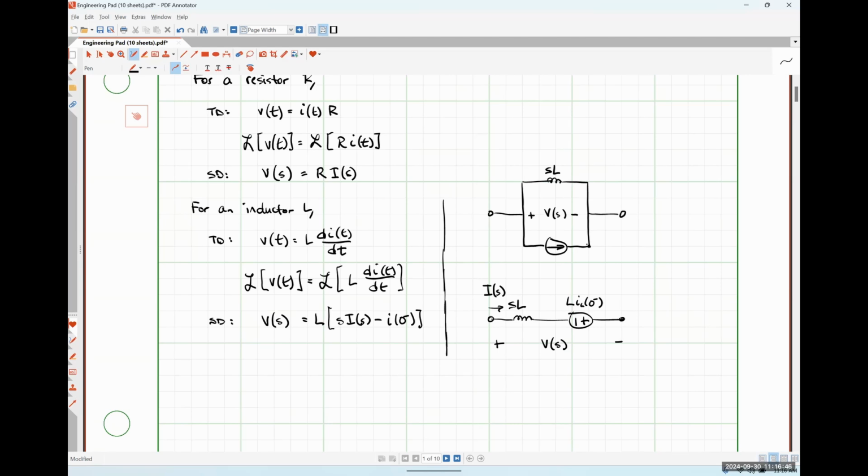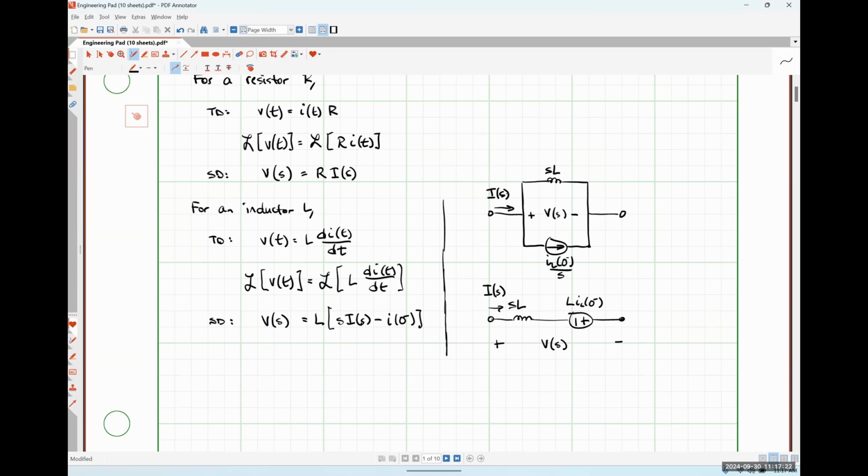And then according to the rules for source transformation, I should just take this voltage L times IL at 0 minus and divide it by this impedance. So the L's are going to cancel each other out, and what I'll have is IL at 0 minus divided by S. And then my current is what's flowing into the positive polarity terminal.